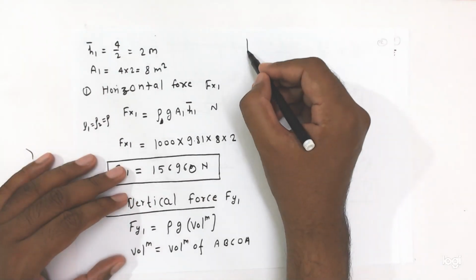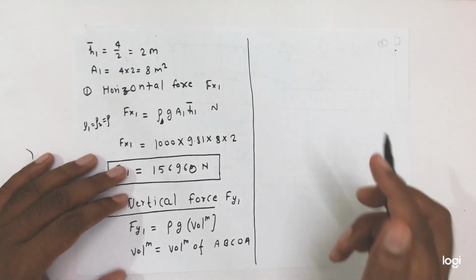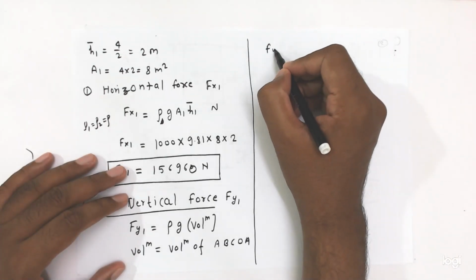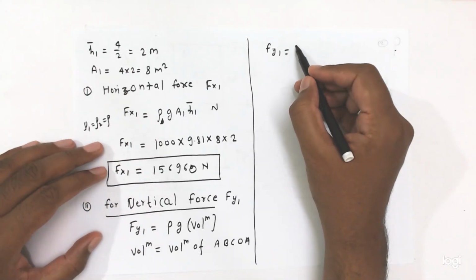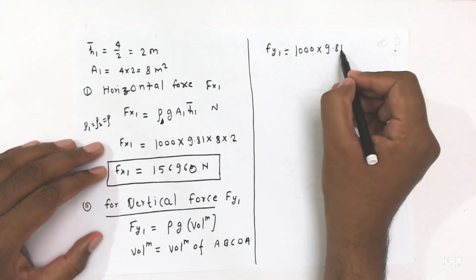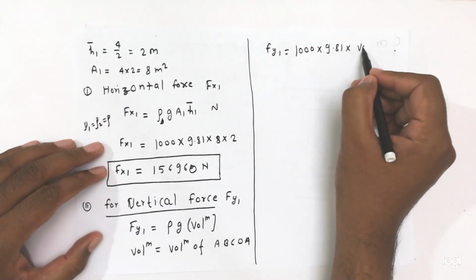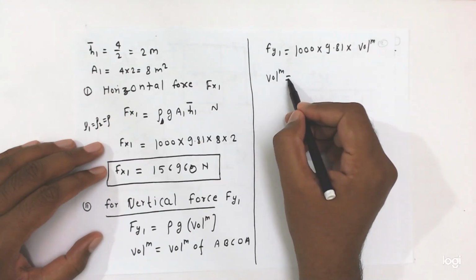So friends, Fy1 equal to how much? Density we know 1000 into G value is equal to 9.81 into volume. So we will calculate the volume value. Volume is equal to what?